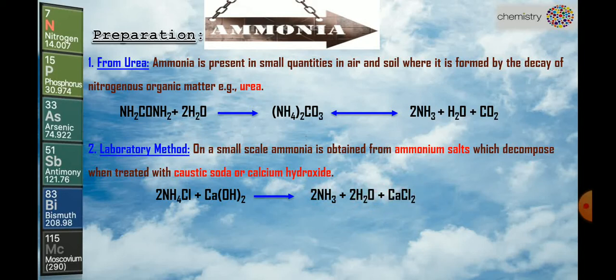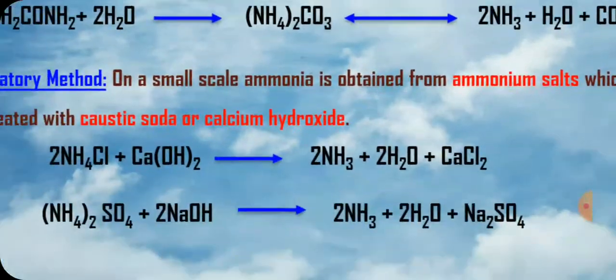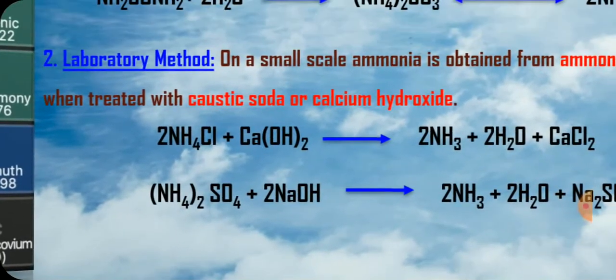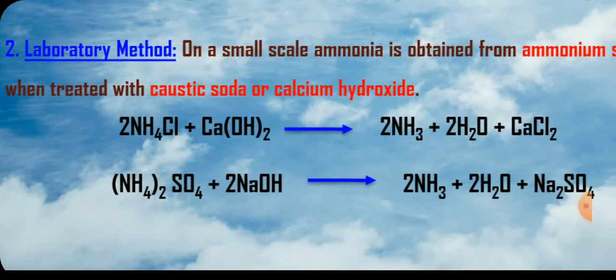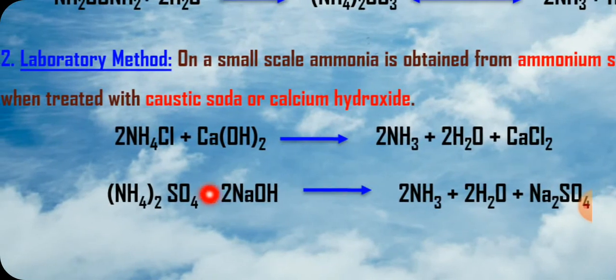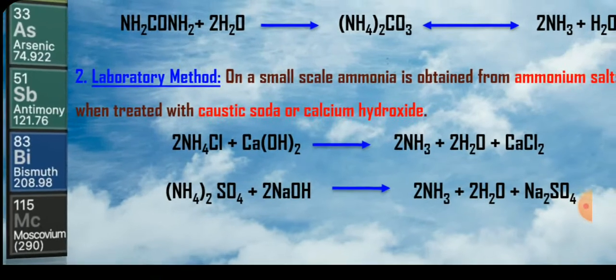Another method of preparation of ammonia in the laboratory on a small scale. By this method we can prepare ammonia by the reaction of another ammonium salt, ammonium sulfate, (NH4)2SO4, whenever treated with caustic soda, sodium hydroxide. Again there is a formation of ammonia gas along with water and sodium sulfate as byproducts.